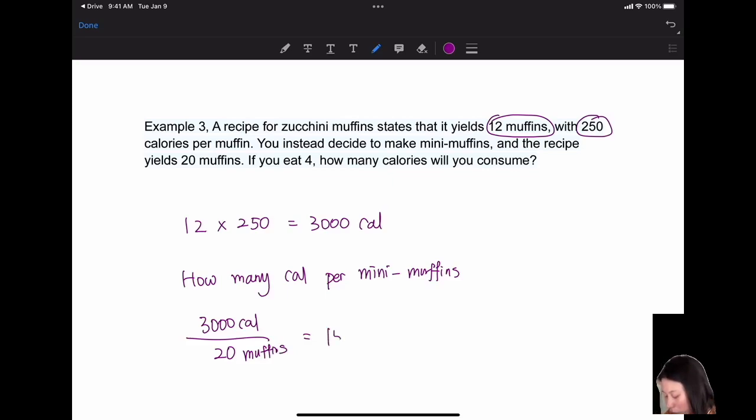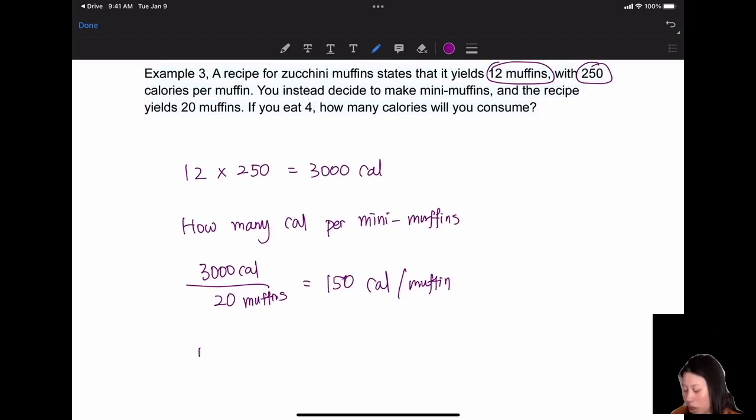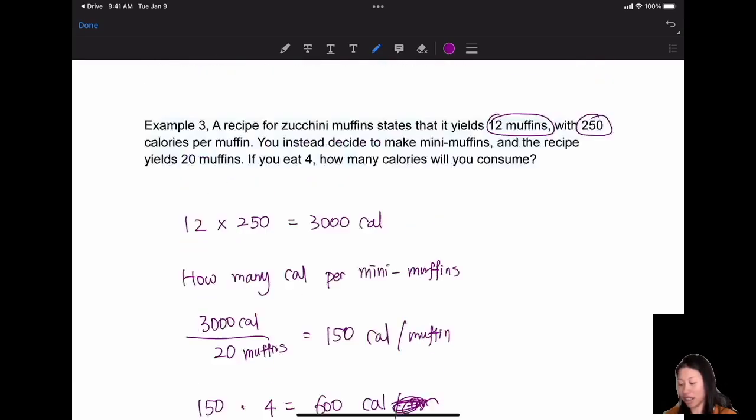So each one contains 150 calories per muffin. And then you eat 4, so I have 150 times 4, which means you consume 600 calories totally.